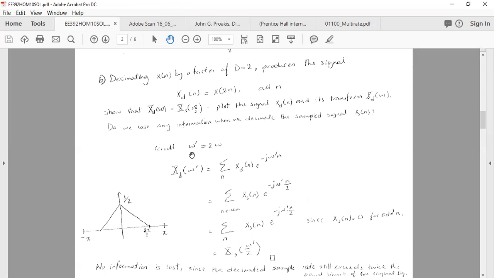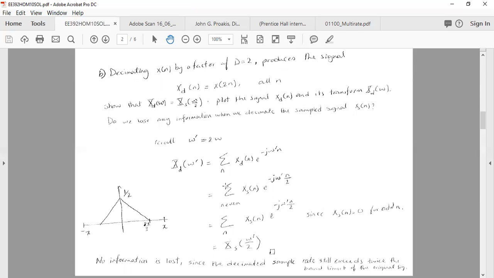So in order to find the frequency response using the frequency response equation, we can write X_d(omega bar) equal to the summation of x_d[n] e to the power of minus j omega bar n. Let's just leave the bar sign for the moment.